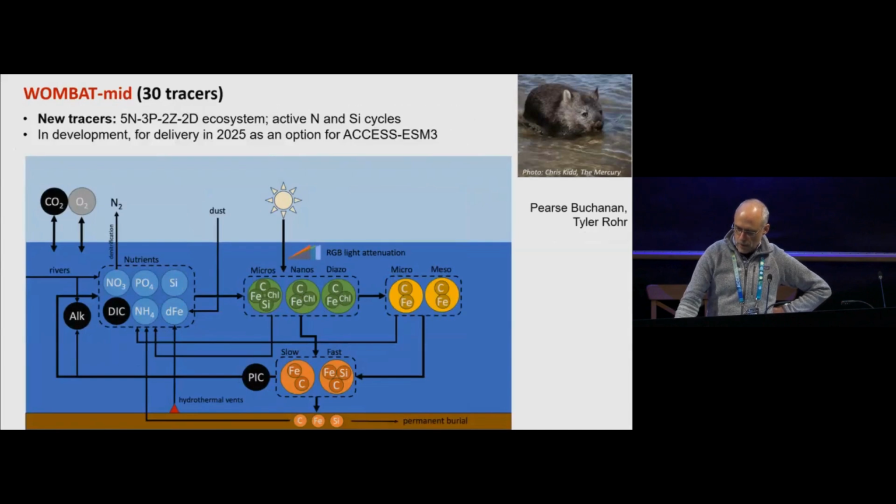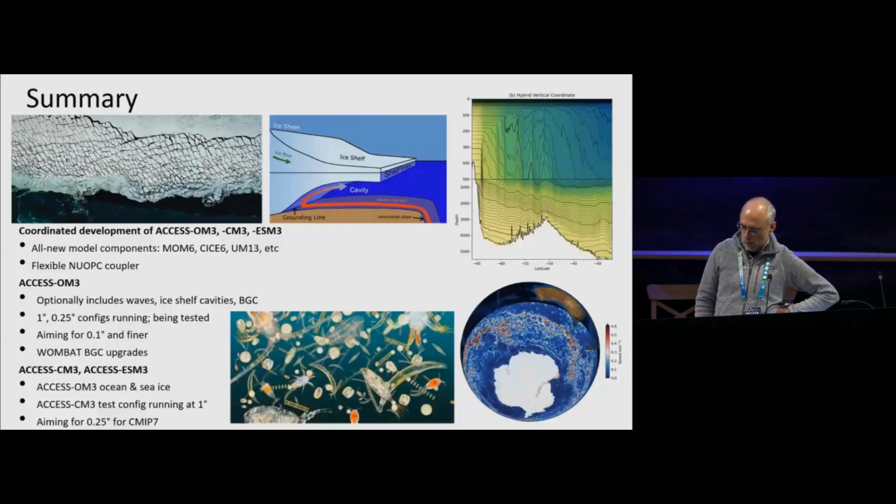And there's also work underway towards WOMBAT-mid, which takes advantage of MOM6 being able to carry a large number of tracers. So this is going from 14 to 30 tracers, which should be tractable with a longer tracer time step. So this now has multiple types of phytoplankton and zooplankton and detritus and multiple nutrients and representation of far more of the biogeochemistry.